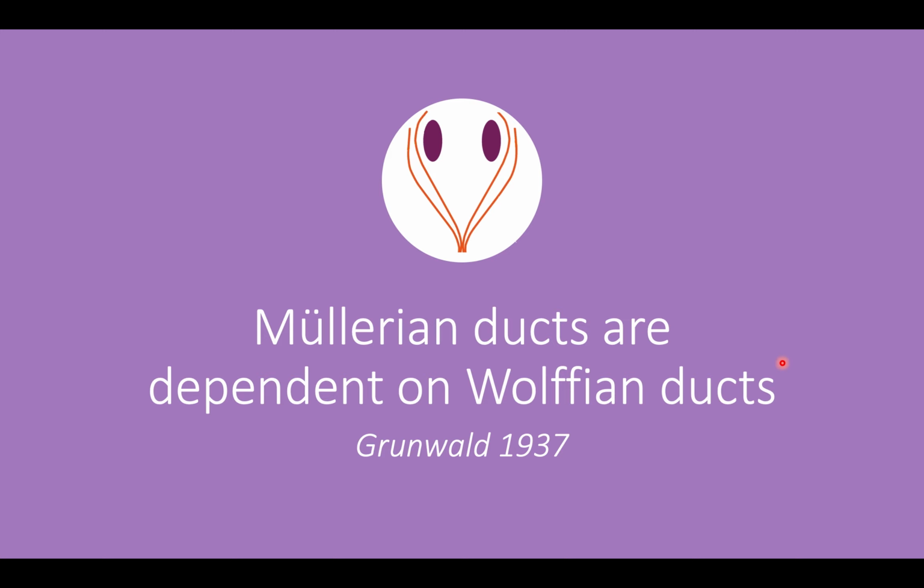So this led Grunwald to assume that the Mullerian duct cells are derived from the Wolffian duct, and in all the embryos in this study, the Mullerian duct was found to be in close contact with the Wolffian duct, specifically in those cells. So this also supported Grunwald's claim.